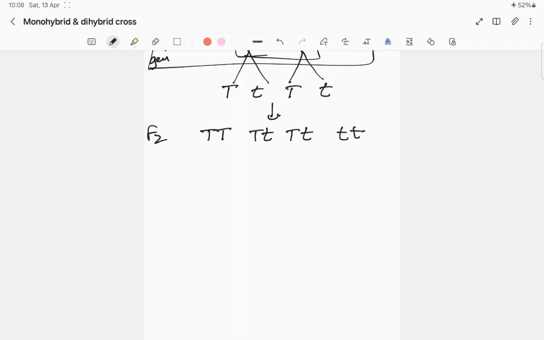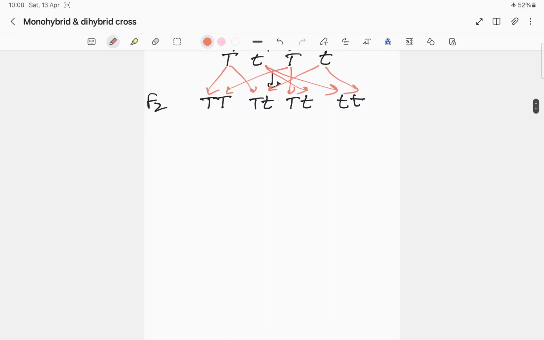How this has come, I will explain to you. This capital T from here and this capital T from here, this capital T here, this small t here, this capital T here, this small t here, and this small t and this small t. Like this it has come, and this generation has been formed, right?